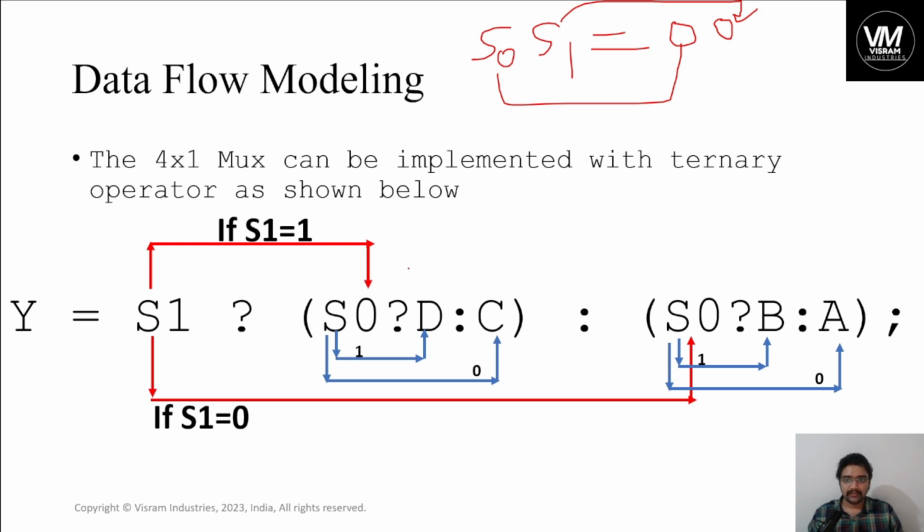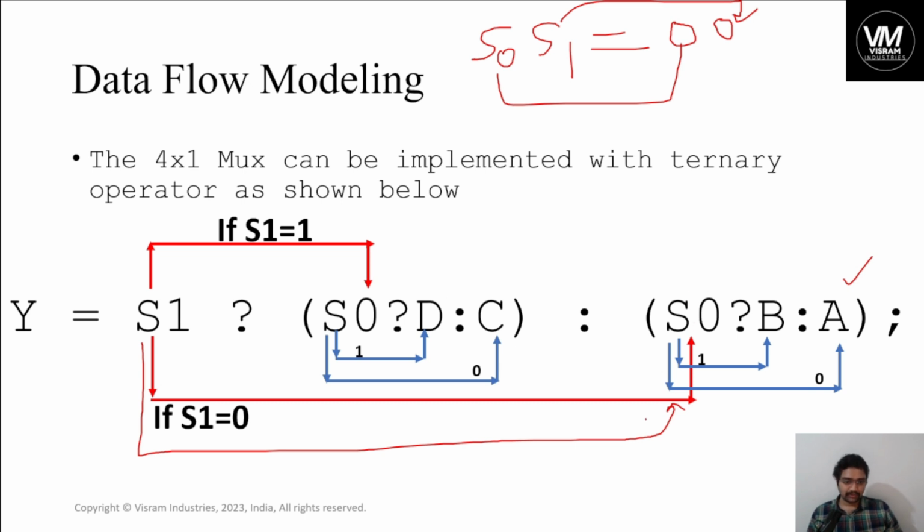So I will choose S1 equal to 0. What should I do? I should go to this selection input. Remember, guys, the 0th selection or 0th data bit that you are choosing will be taken to the next bit, I mean the second position of the syntax.